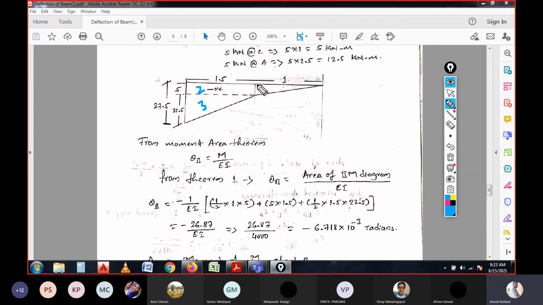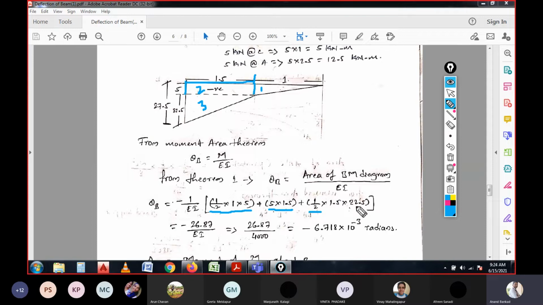So part 1, the dimension is 1 meter base, 5 meter height, and which is a triangle. So for that we can calculate half base into height. Next, for this second section, 5 into 1.5 is the distance. So 5 into 1.5, which is the area under load. Next, for the third section, we have the triangle.